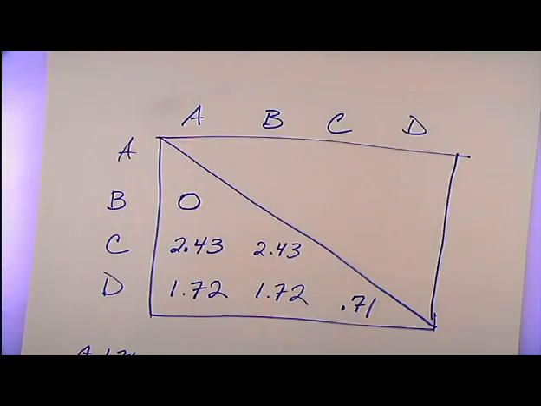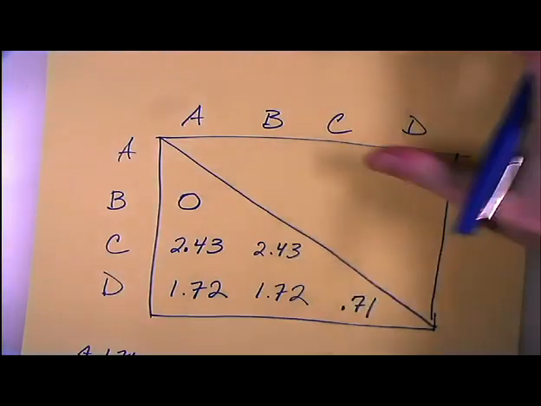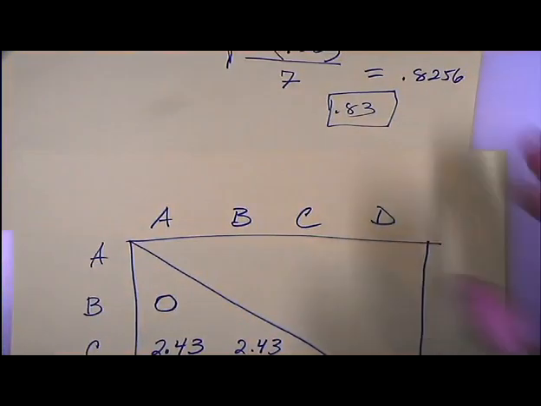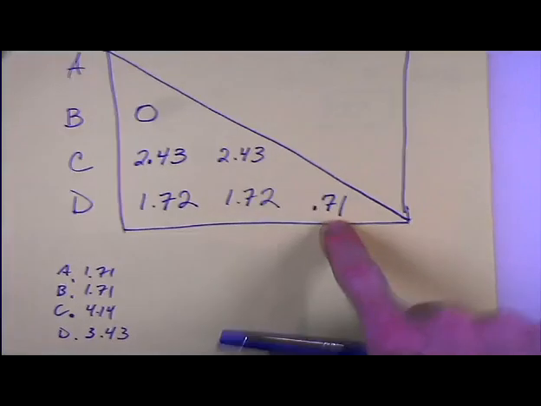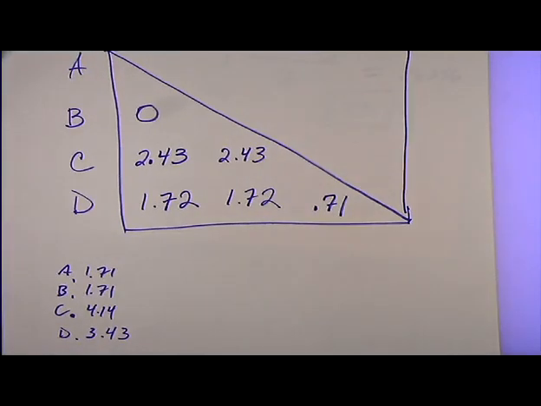So what's our minimum difference? So is 0.71 in the region of rejection? No. Okay. All the others are significantly different from each other except for A and B.